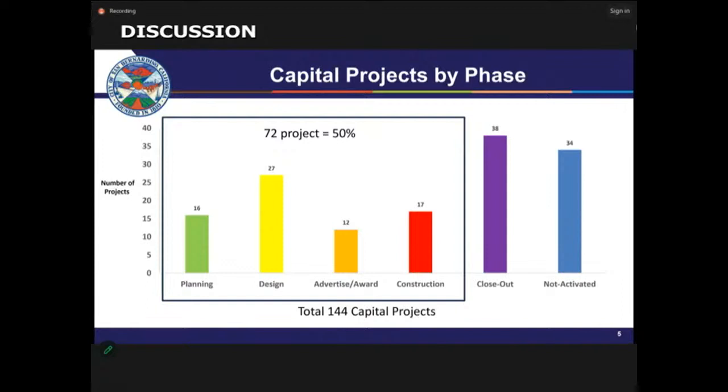As projects are completed, then they will move into the closeout phase. Once those are closed out, then we can move projects from our non-activated into our active projects. So non-activated projects are projects that are not assigned to staff or have no approved funding. The projects that are highlighted in this square right here, plus the closeout, represent 76% of our overall projects.